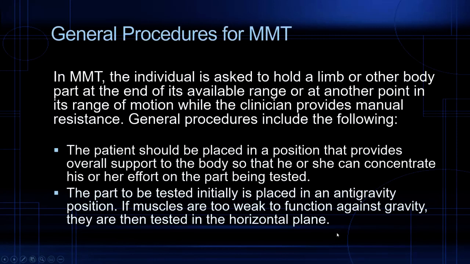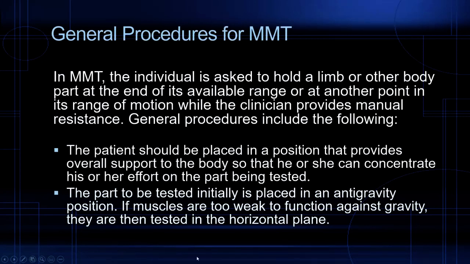Initially, you place the joint or the muscle in its against gravity position. Okay, if the muscle is too weak to function against gravity, then they're going to be tested in a gravity eliminated position. That would be a plane that's horizontal to the muscle.